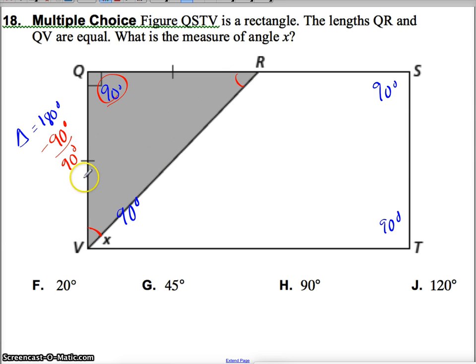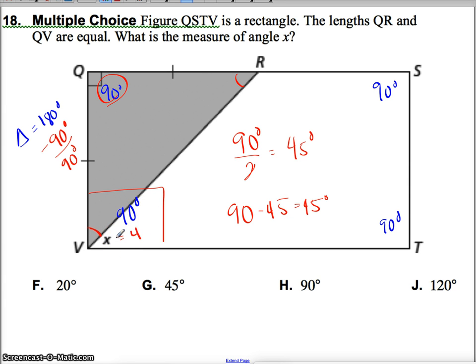Since they're equal, because these two sides are equal, I'm going to divide 90 by 2 because there's 2 of them, which means they are 45 degrees each, 45 there and 45 there. Now, if this was 90 and this portion is 45, the missing angle must be 90 minus 45, which is 45 degrees. So X equals 45 degrees.